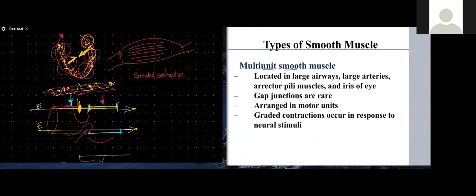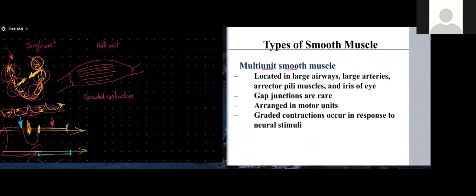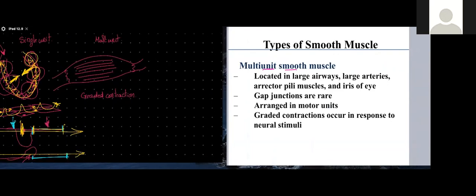Compared to that, the multi-unit smooth muscles perform the same way as a skeletal muscle. For the skeletal muscle, remember, you don't have to activate all the muscle fibers every time you contract your muscle.